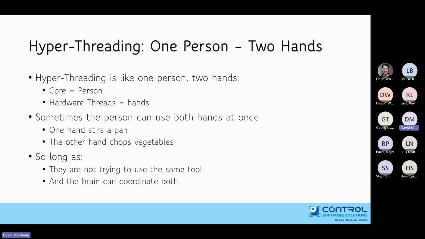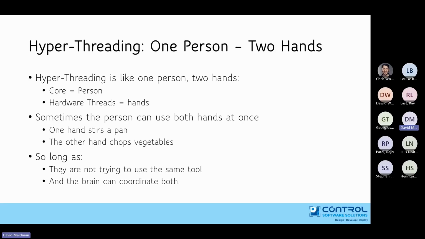Sometimes I can use both hands at the same time. The example I've got here is I can stir a pan and my other hand could chop vegetables. I'm using both of my hands, and I can do this so long as I'm not trying to use the same tool. I can't use both hands to access the knife at the same time. And so long as my brain can coordinate it, as long as I know how to do those two things.